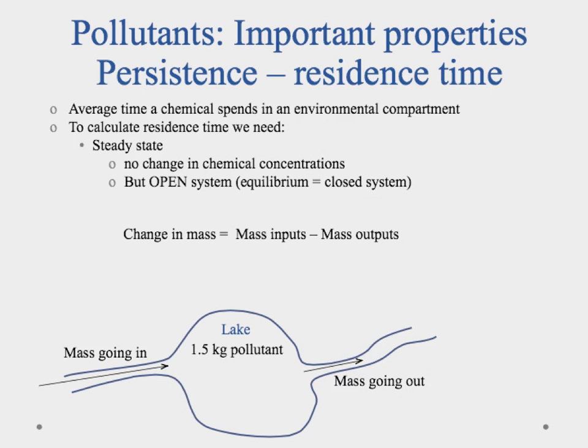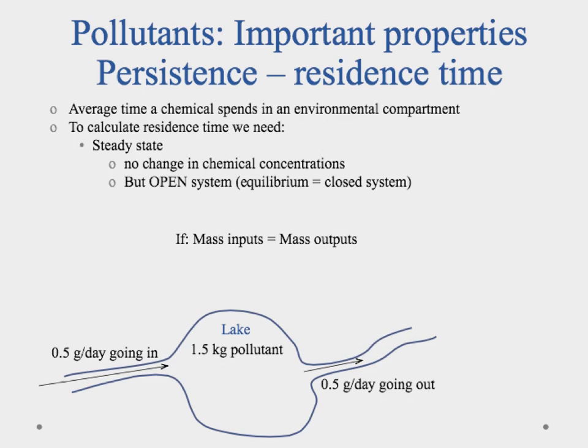So the main equation that we're interested in when you're thinking about mass balance, which is really what we're talking about, and we'll touch more on that later on in the not too distant future. But the main equation is that change in mass of, in this case, the pollutant in the lake that we're interested in is equal to the mass coming in, or inputs, minus the mass going out, or mass outputs.